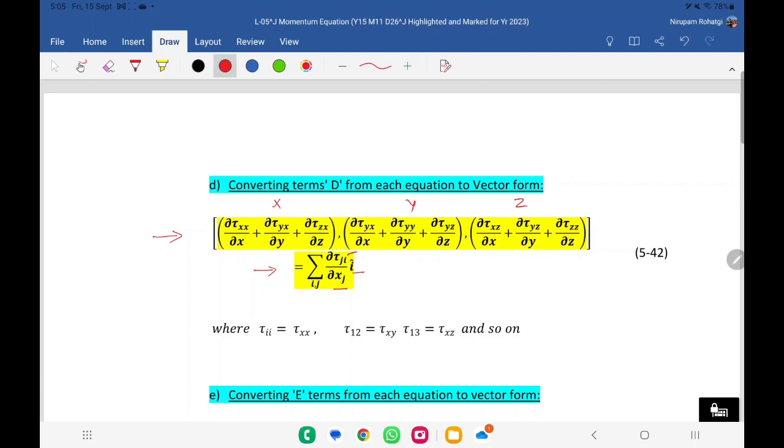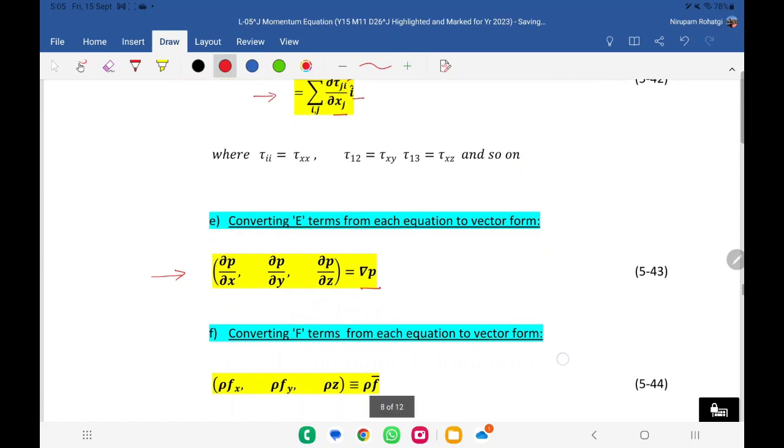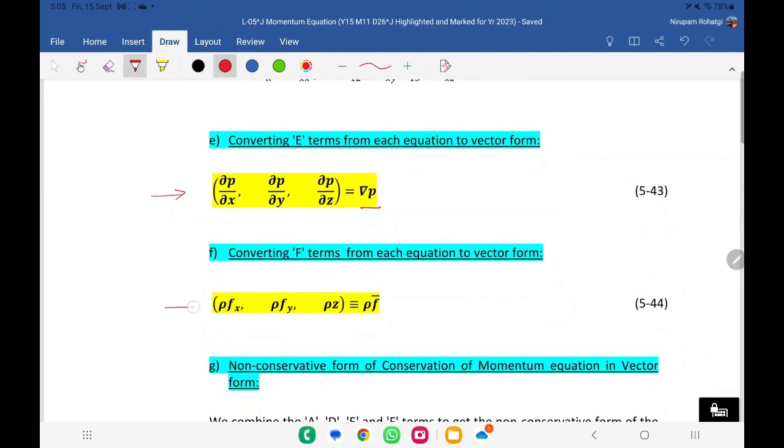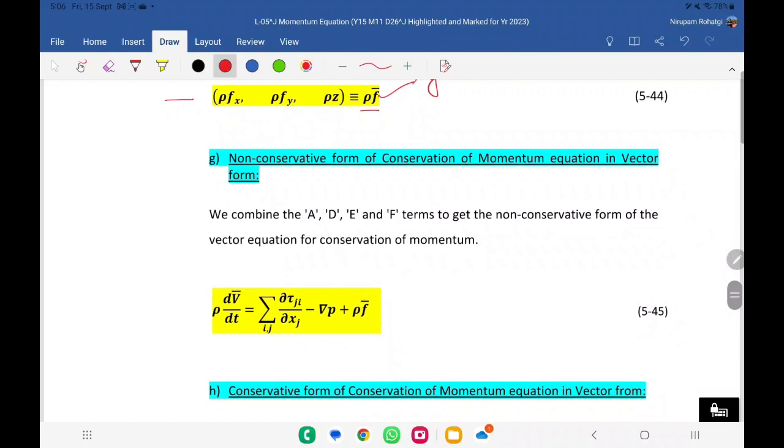That is just a jugglery, you can see it yourself. Now when you talk about the pressure terms, the E terms, you put all of them together, and this becomes the gradient of pressure. Then you take the body forces, it becomes rho f. In our case this will maybe be G, and then you can write this equation.